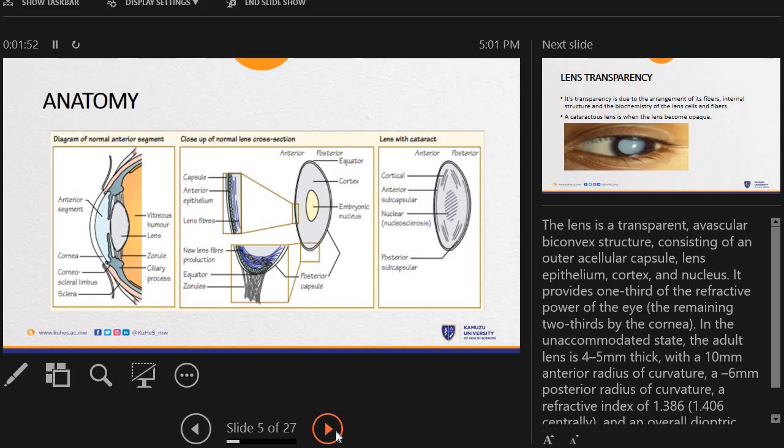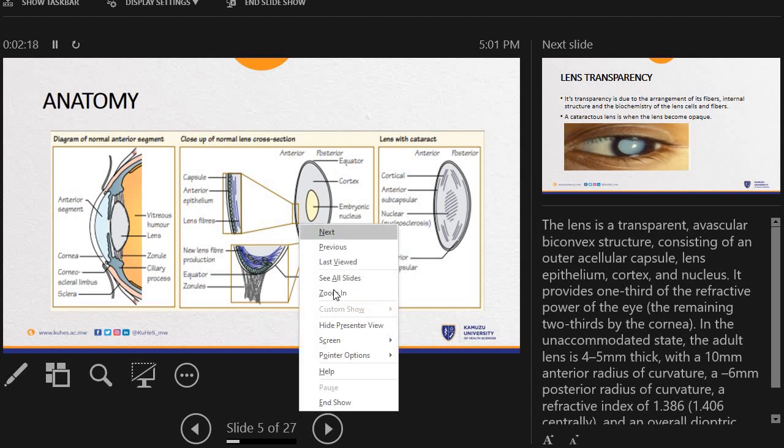Just to have a recap of the anatomy of the lens, which I've already done. As we can see, this is a structure that is suspended by the zonules, which are attached to the ciliary processes. So this is the normal anatomy of the lens.